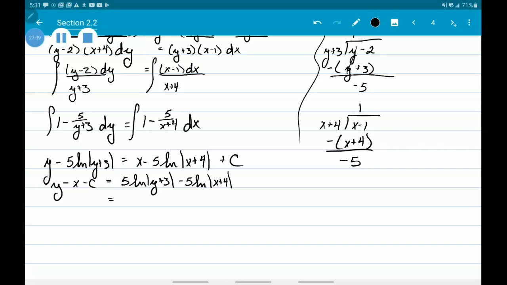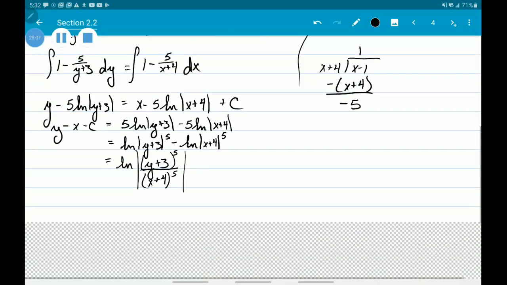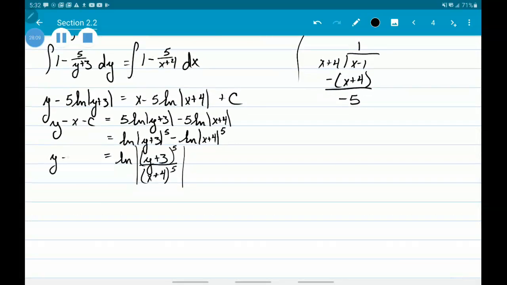We know that 5 is really the exponent on the y plus 3, and then we can rewrite this using log rules. This is really going to be y plus 3 over x plus 4, and both of these are to the 5th, and we are still taking the absolute value. And that's equal to y minus x minus c.